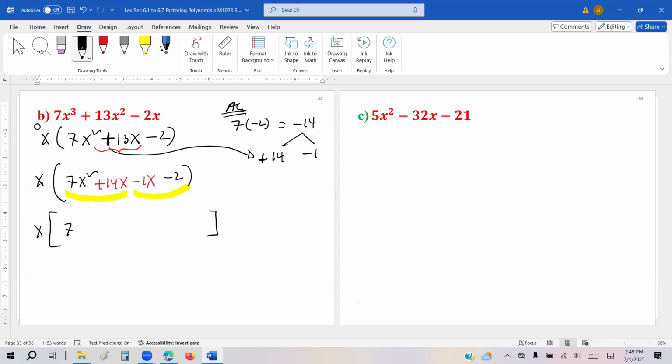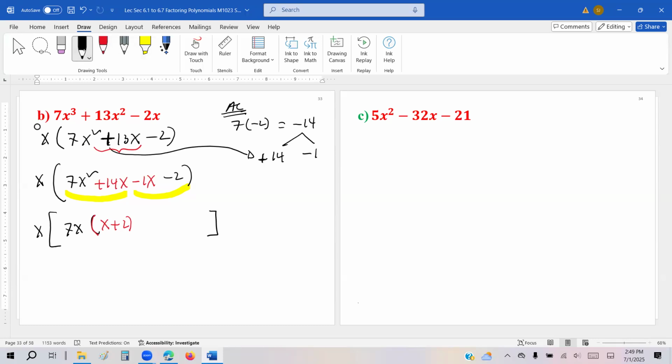I am asking in this group, what is your GCF? 7x. So if you factor out your GCF, what remains in the first group? X plus 2.